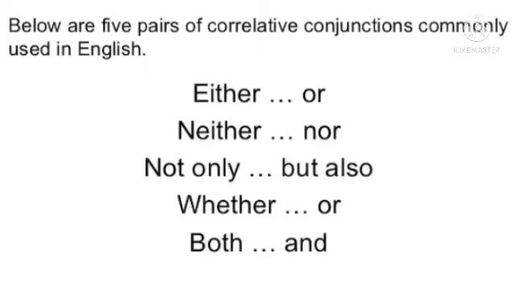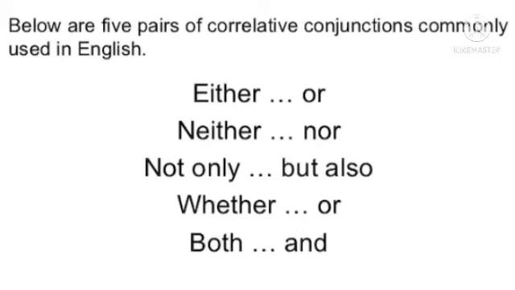Once again I will repeat: either or, neither nor, not only but also, whether or, both and. These are the commonly used correlative conjunctions in English.